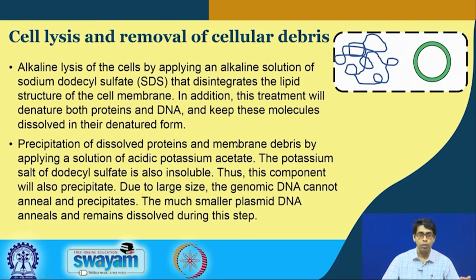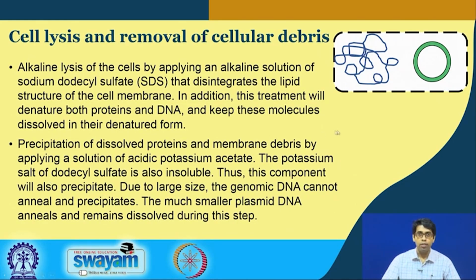Now, since we are in the acidic range pH, you can again form the hydrogen bonds. The presence of dodecyl sulfate has already denatured the protein. So, the protein will not be able to refold and it precipitates. The potassium salt of SDS is not very soluble, so it also precipitates.